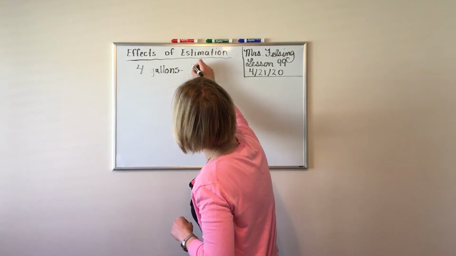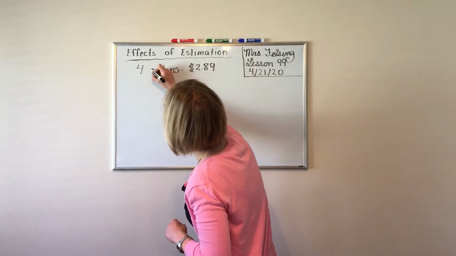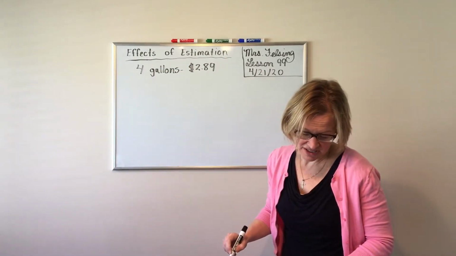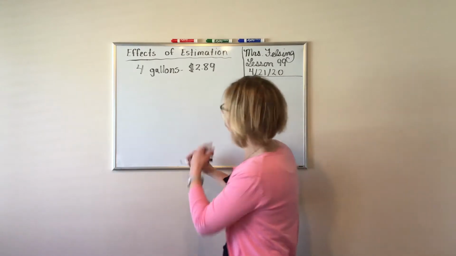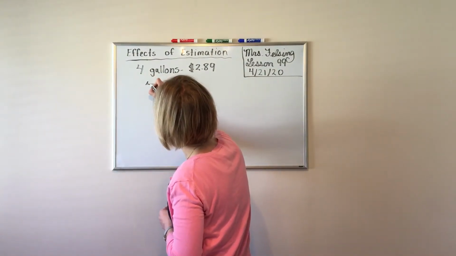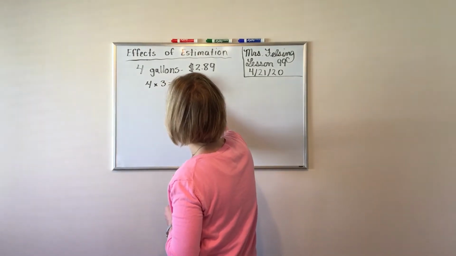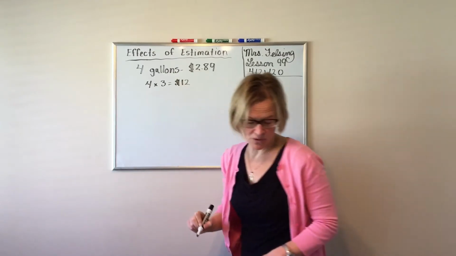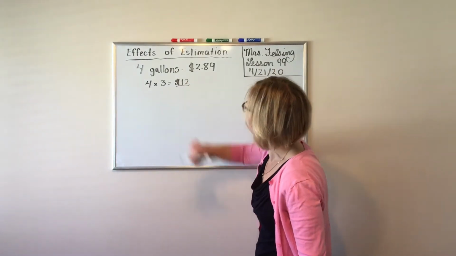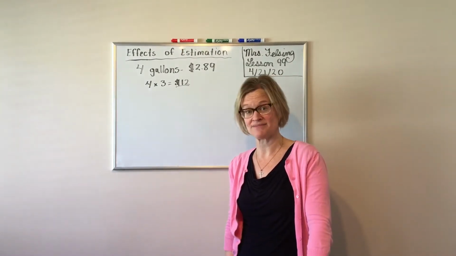And each gallon costs $2.89. Deb estimated that her cost would probably be about 12, because she said she's going to take 4 times 3 would equal 12. Now the question is, will Deb's estimate be greater than or less than the actual cost?